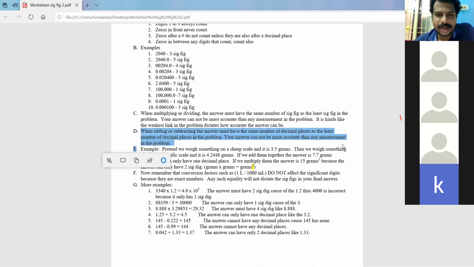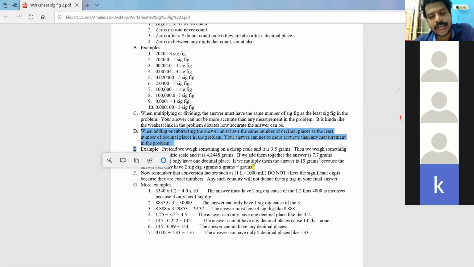Today we would like to see addition and subtraction. When adding or subtracting two different types of measurements, the answer must be written in a scientific way. It should have the same number of decimal places as the least number of decimal places in the problem.